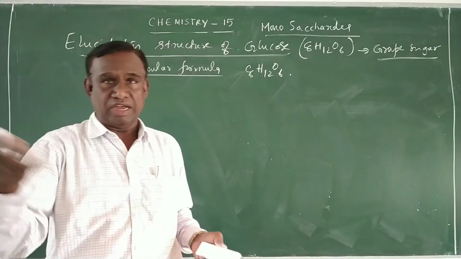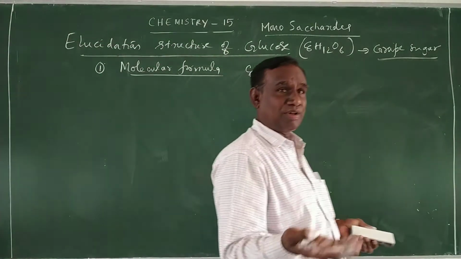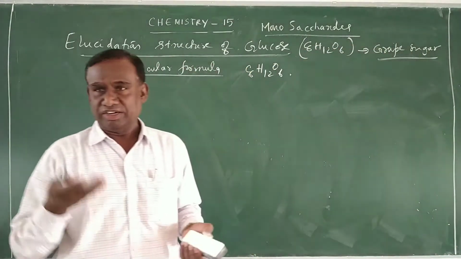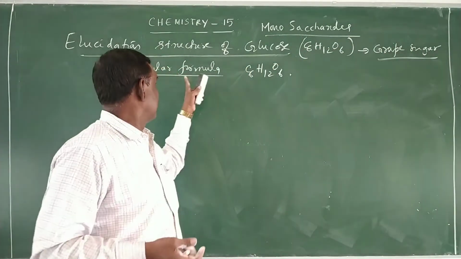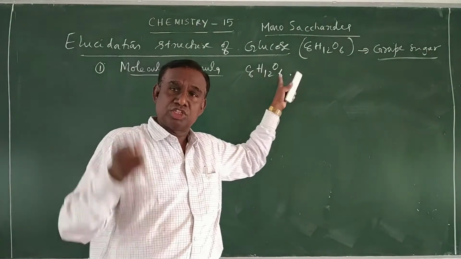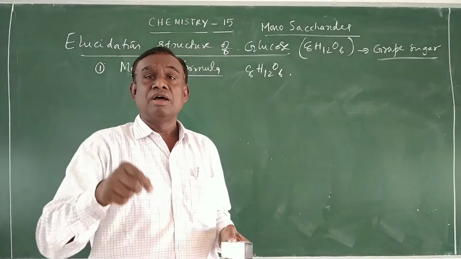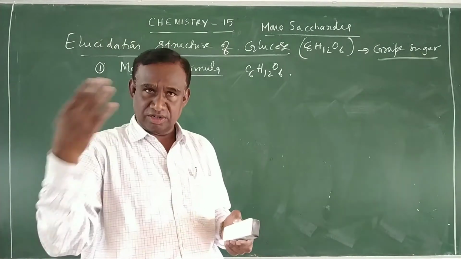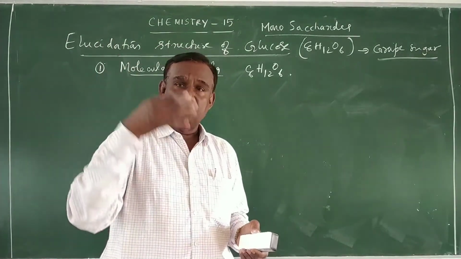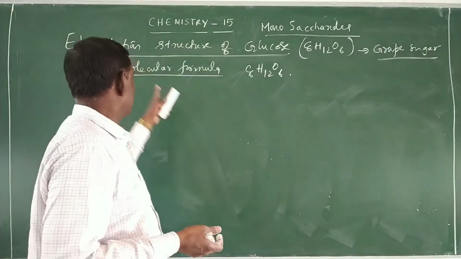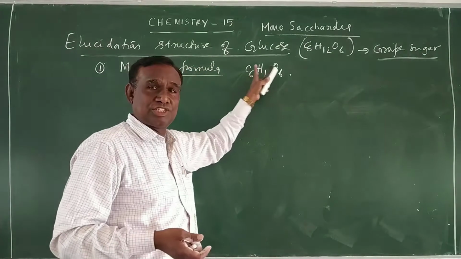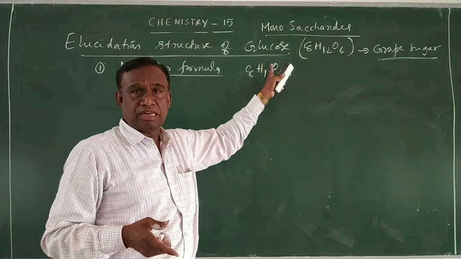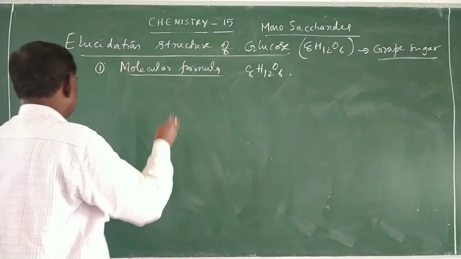In the first year we have learned how the empirical formula and molecular formula can be calculated. So the percentage composition and molecular mass determination show that the molecular formula of glucose is C6H12O6. That is the first one.